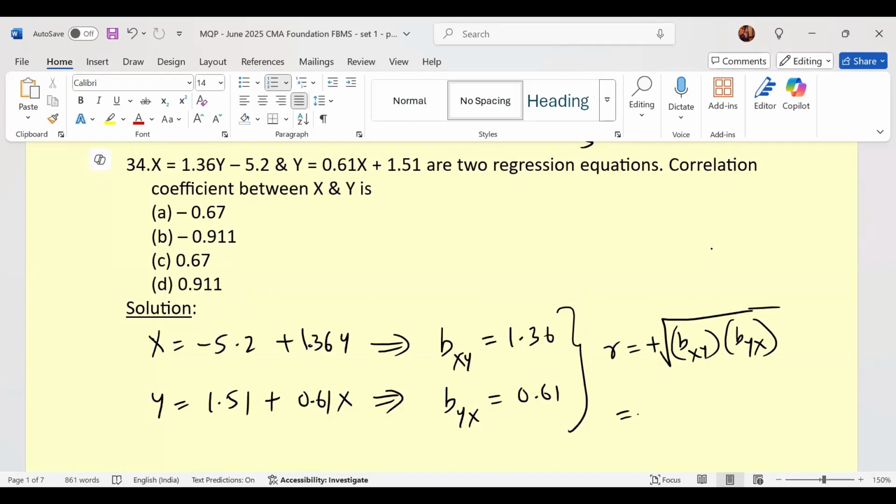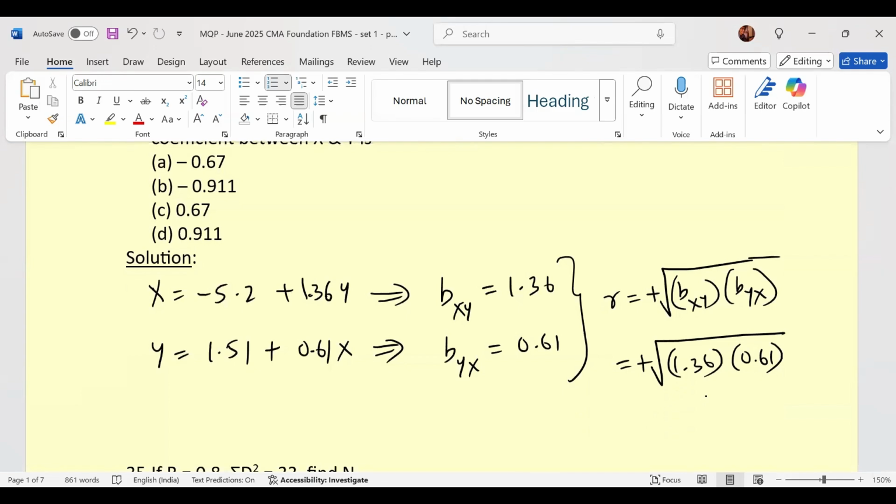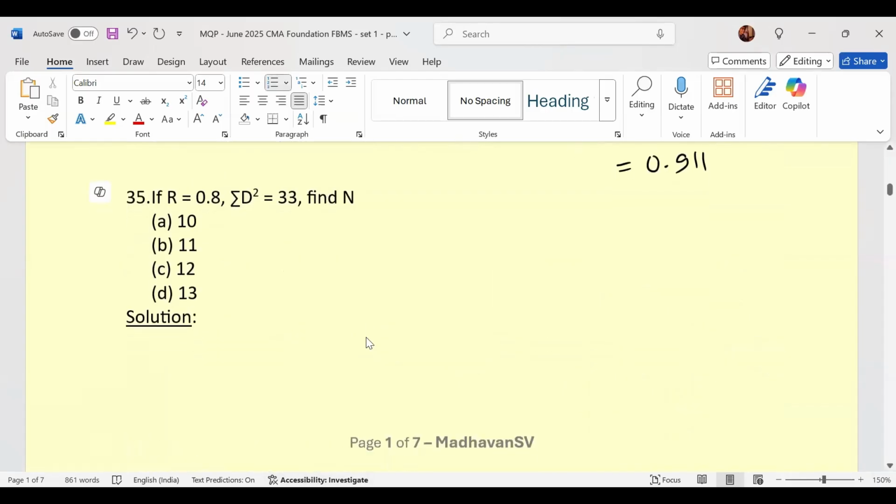We will check whether we are getting a valid one or not. So 1.36 multiplied by 0.61, and if we calculate this and then take a square root, we will get 0.911. And it is a valid correlation coefficient and it is already available in option D. So the correct answer is option D. Let us move on to the next.